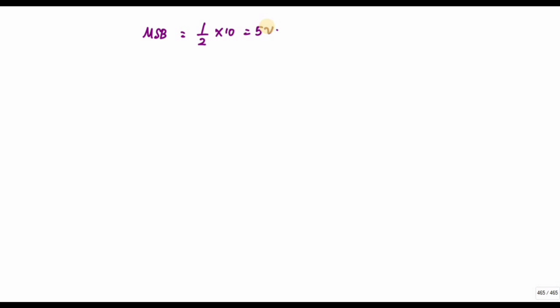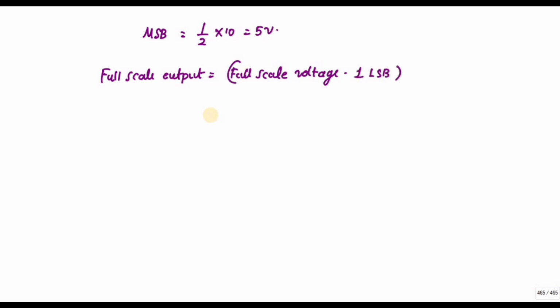Next, the full scale output is equal to full scale voltage minus 1 LSB. Here the full scale output is 10 minus 1 LSB.